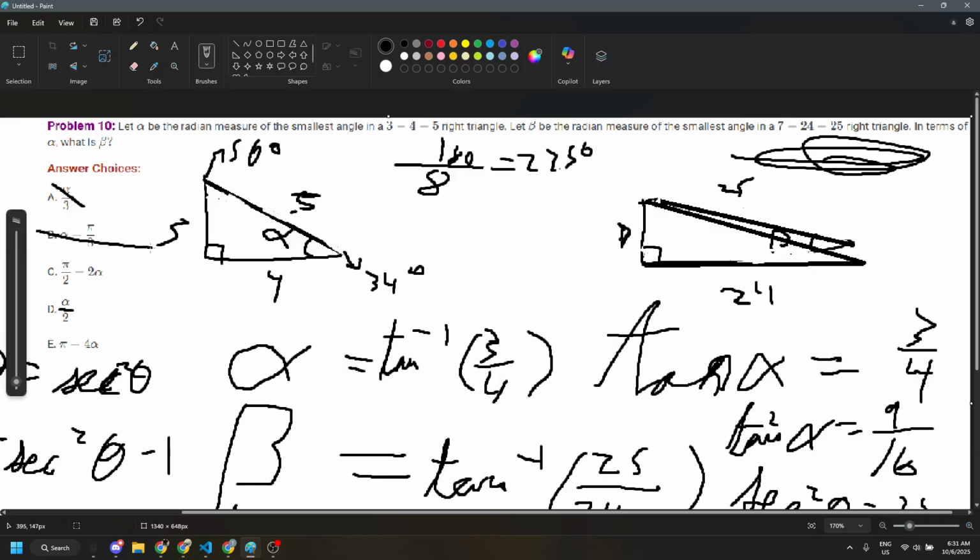So, yeah, that's too little again. 90 minus 2 times this would be 90 minus 68, which is 22. That's possible.